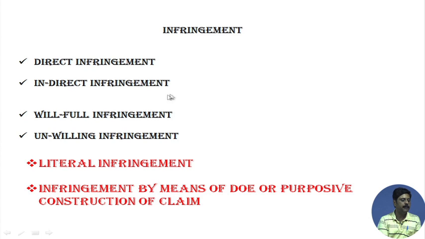Now indirect infringement, how? A situation may arise where, for making the Novartis product, they require some ingredients, some equipment, some devices. Maybe they are not directly producing that product, but they are indirectly helping the direct infringer to produce it.